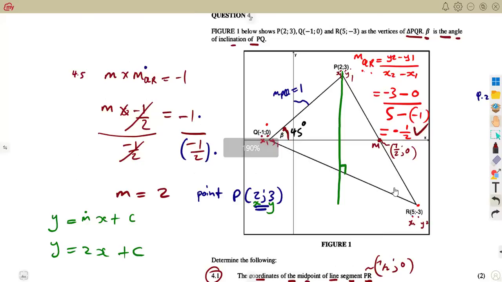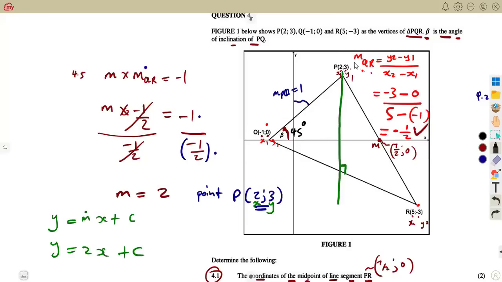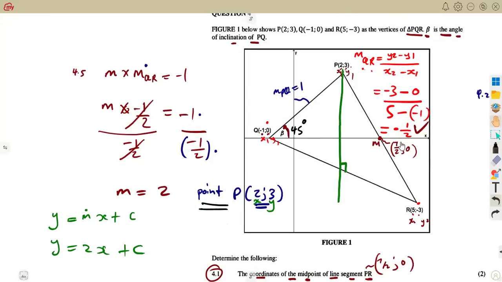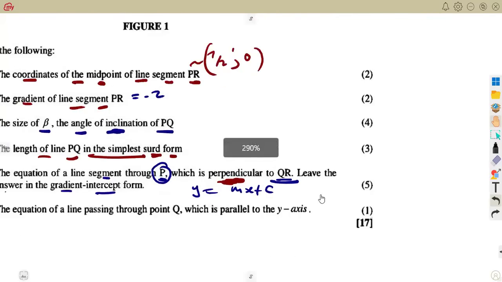Being perpendicular helped us determine the gradient, then passing through P. It's a point that you must have now. If they say it's perpendicular, they will not even mention that it is going to pass through this one. They don't mention it if it is a perpendicular bisector. This one is not a perpendicular bisector, it's just perpendicular. So read your question carefully.